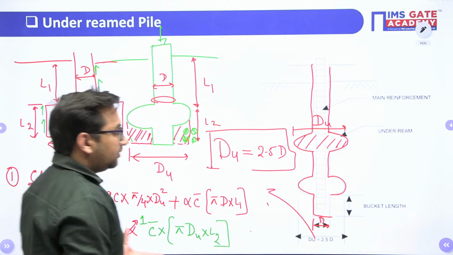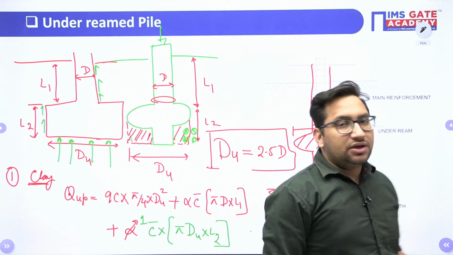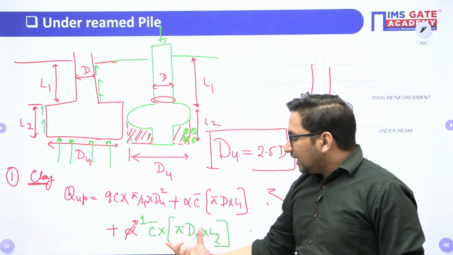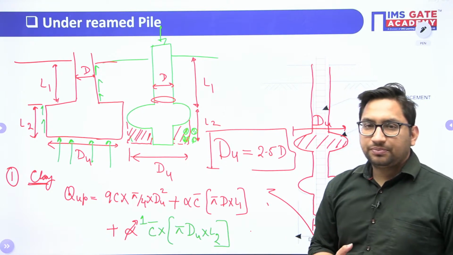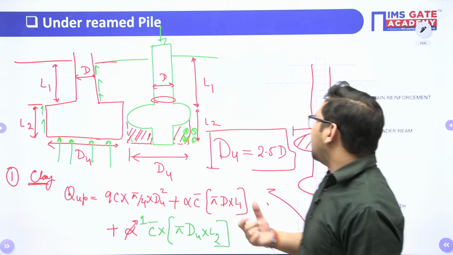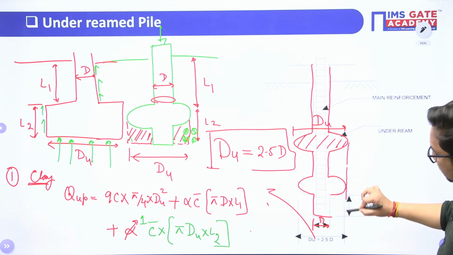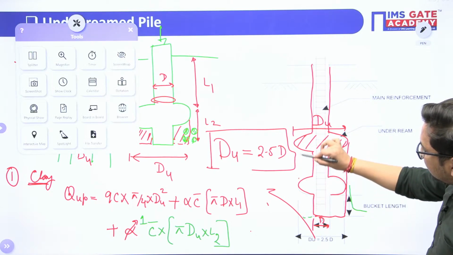Clear? So there the formula is the same formula, only you need to remember the concept of when the alpha value will be 1 and which area you have to consider. Examiner can give you 2 bulbs also. So in that case, this particular portion will act as a part of foundation.